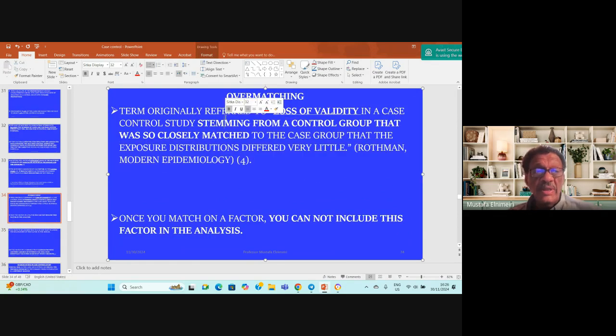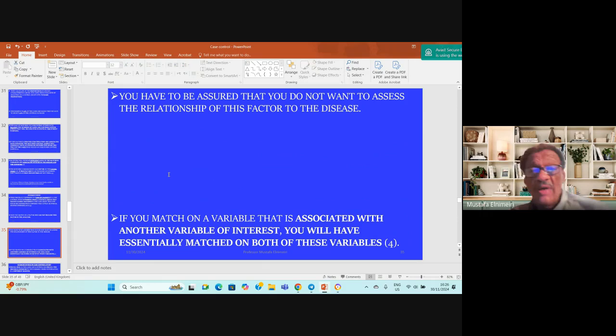Overmatching, the term originally referred to loss of validity in a case control study stemming from a control group that was closely matched to the case group, so that the exposure distribution differed very little, as mentioned by Rothman, Modern Epidemiology. Once you match on a factor, you cannot include this factor in the analysis.